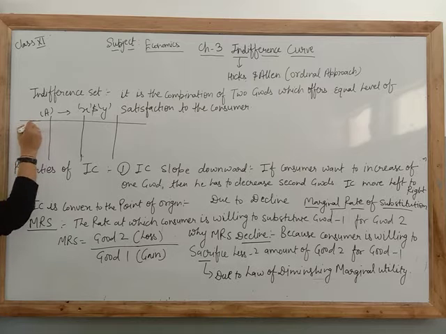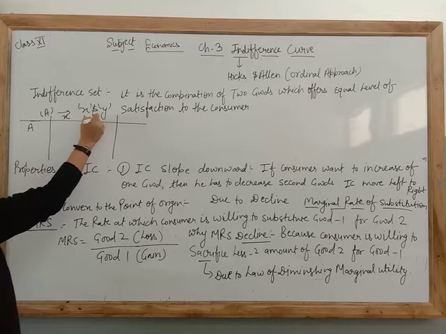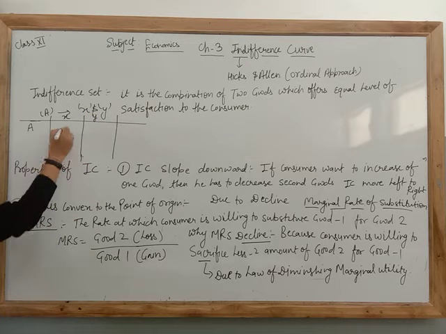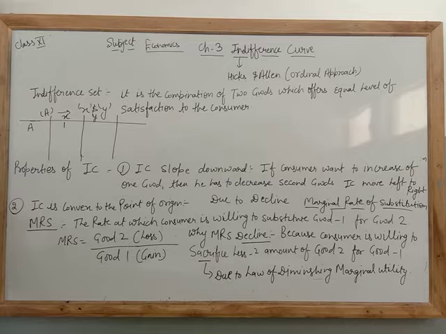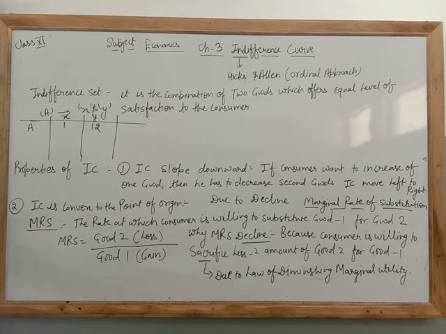Look at there, the first combination I have taken is A. Suppose he is going to consume one unit of X and 12 units of Y. Clear? Next, combination B. In B combination, he is going to increase the consumption of X. Then definitely he has to decrease the consumption of Y, because he has a limited income.